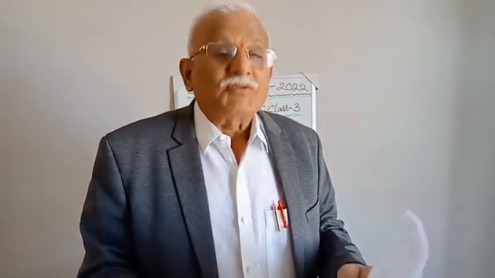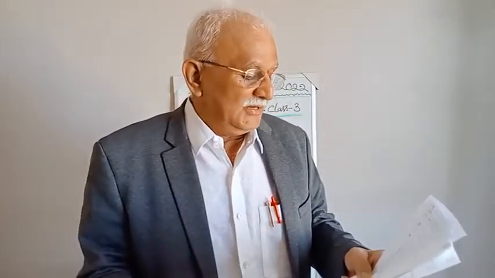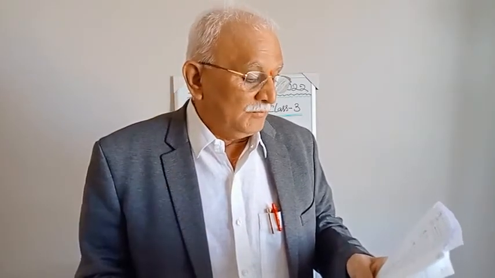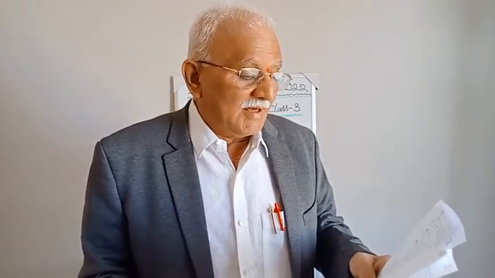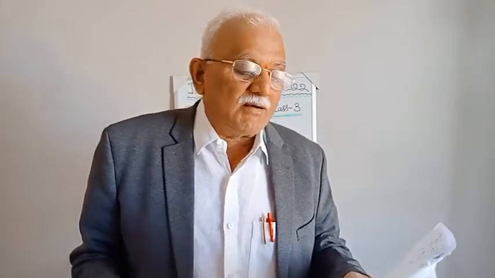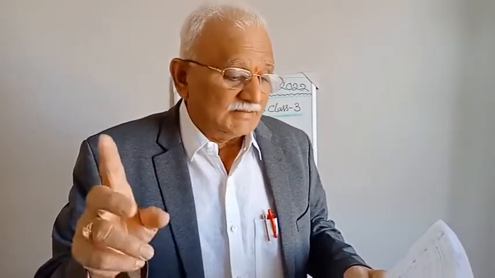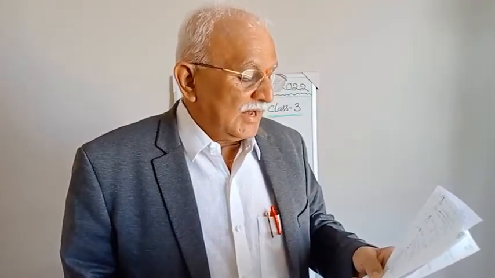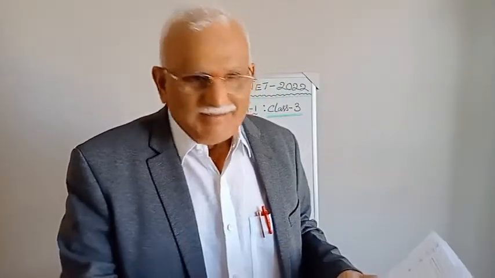And some statements are given like this: A, B, C, D. A: latitudes are parallel to each other. B: longitudes are parallel to each other. C: the international date line is approximately on or near the 180 degrees longitude. And the last, D: zero latitude is called equator. D is correct, you know.